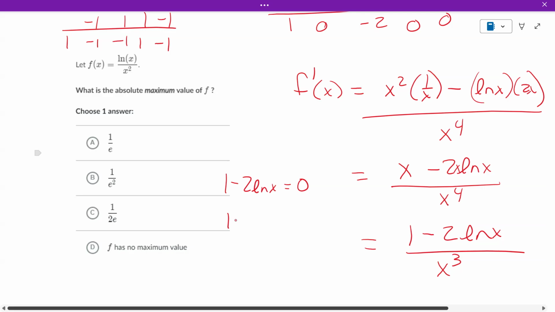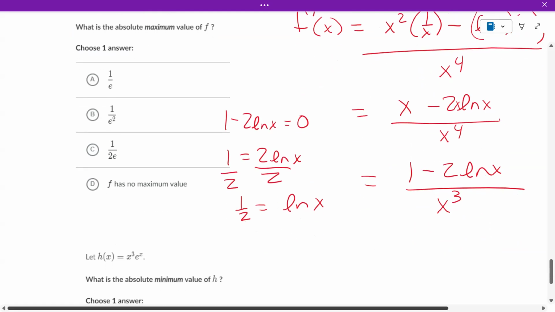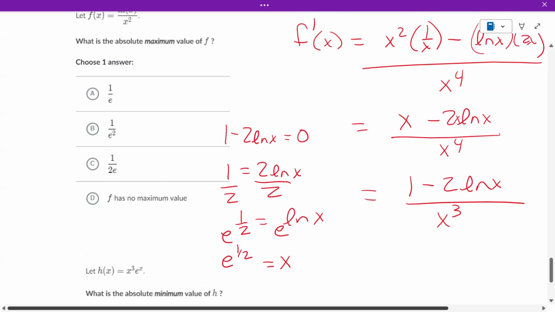Well, you move the 2 ln of x over to the other side, divide by 2. How do you get the ln out of there? You could e both sides. x equals e to the 1/2 power. Did I do something wrong?